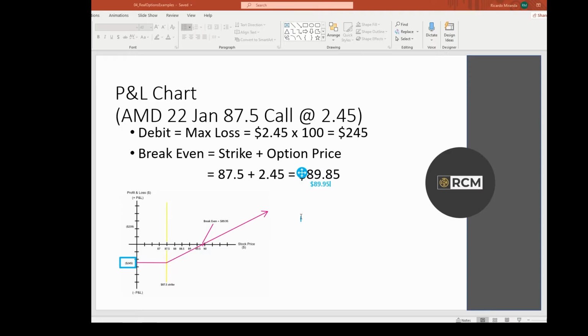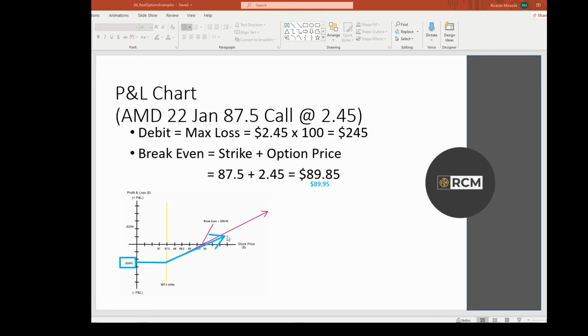and break even, we can draw the profit and loss chart. So now that we have the 87.5 strike and the break even, we can draw the P&L profile by, and we'll do this again here, basically drawing a line starting at 245 going to 87.5 strike, and then from the inflection point we're going to draw it to go through.